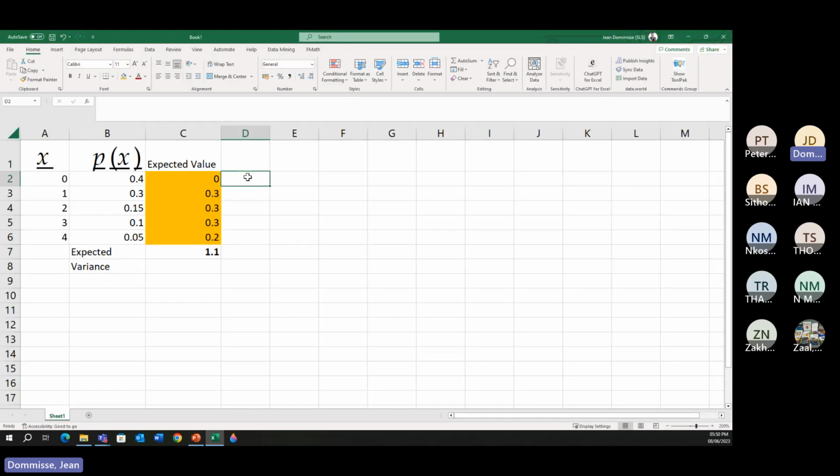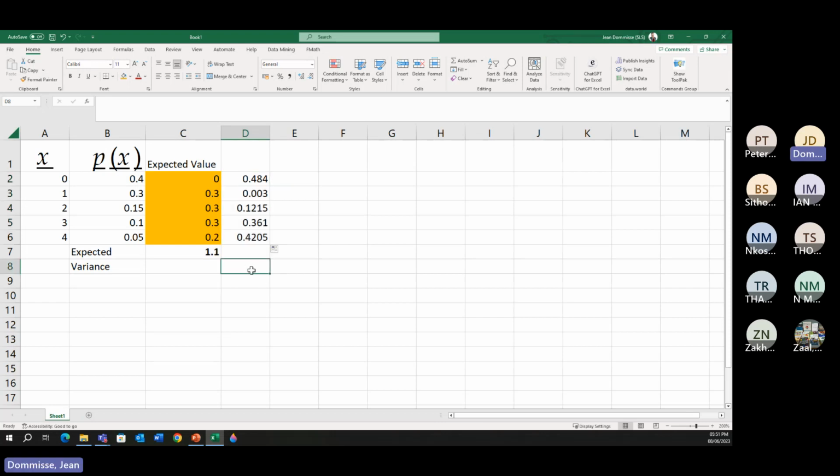So basically it's saying it is that x minus the expected value, and let's just anchor that, to the power of 2 as we multiply it with itself, and then we still multiply it with the probability.